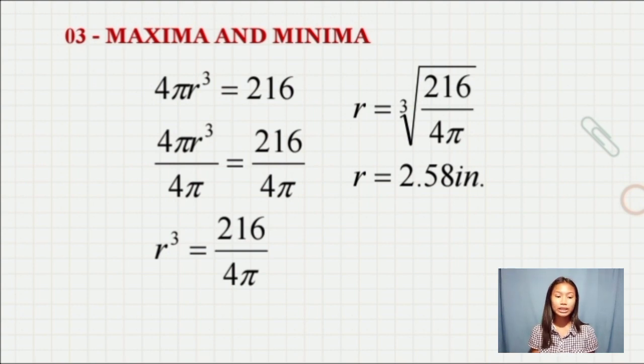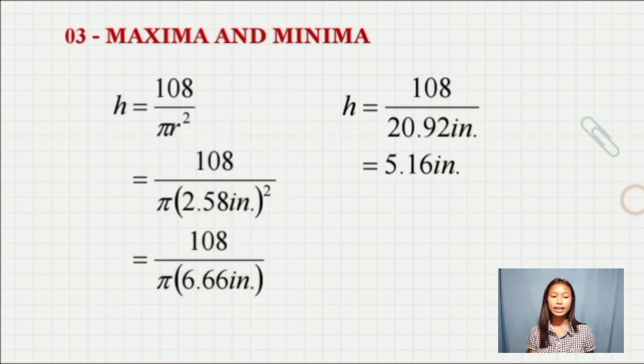Since we have a cube on our r, let's eliminate the cube by using the root. So we will use the 3 as the index of our radical. Dividing it and determining the root of our equation, it will lead us to 2.58 inches.